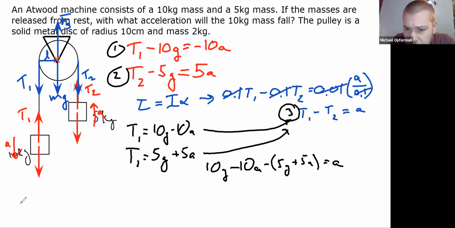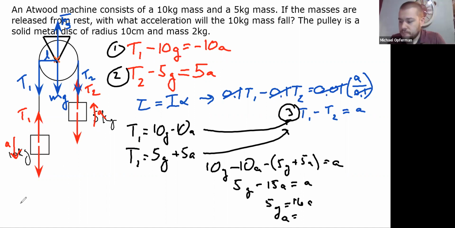So that's going to give me 10g minus 5g is 5g. And then I'll have minus 10a minus 5a is minus 15a equals a. Move the a's to the other side. We'll get 5g equals 16a. And that'll give me a equals 5 times 9.8 over 16 is 3.06.